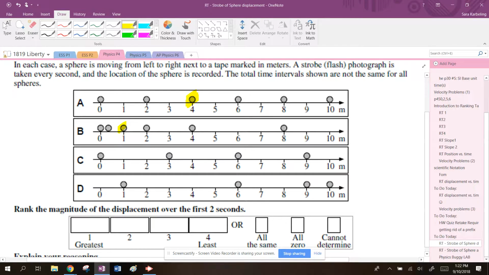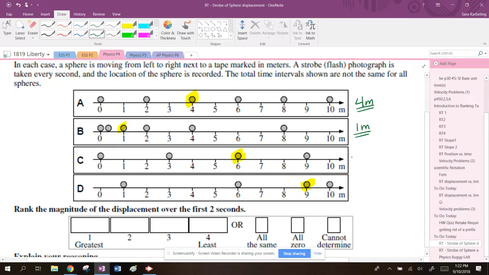How about in C? 6? And how about in D? It's at 9. Now, what is the displacement in each of these cases? In A, then the displacement is 4. This kind of seems silly, right? How about in B?